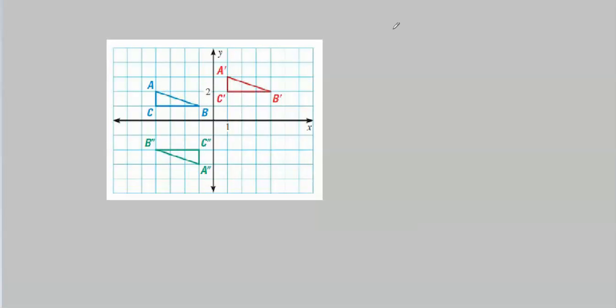The translation that takes us from here to here is pretty close to what we had before. It's plus 5 because it's taken us to the right 5 units and up 1. So we could say our translation vector is 5, 1, or that xy goes to x plus 5 and y plus 1.